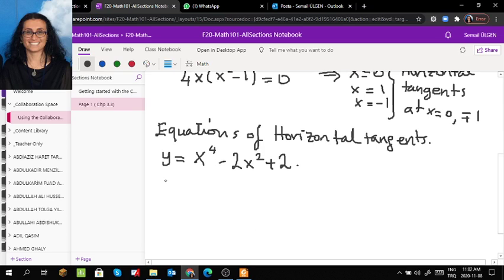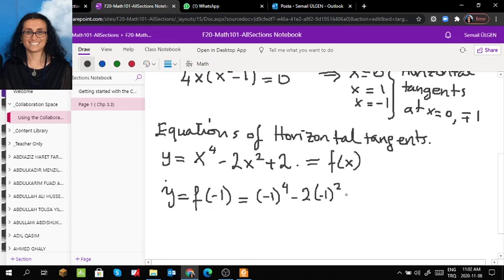So I'm going to just find the corresponding y value at 0, 1 and negative 1. So let me call this f of x. Okay, y is equal to f of negative 1. We just put it in: negative 1 to the 4 minus 2 times negative 1 to the second power plus 2. So this is going to give me 1 minus 2 plus 2, so this is 1.